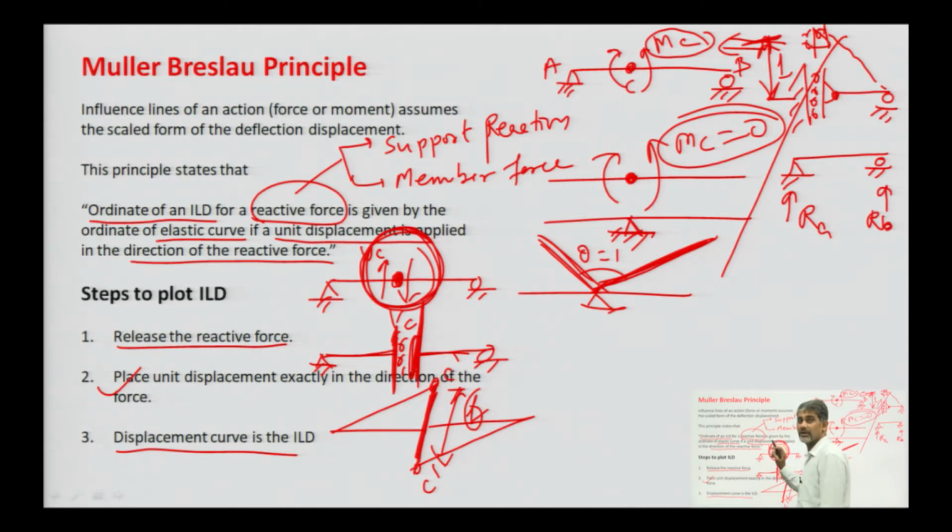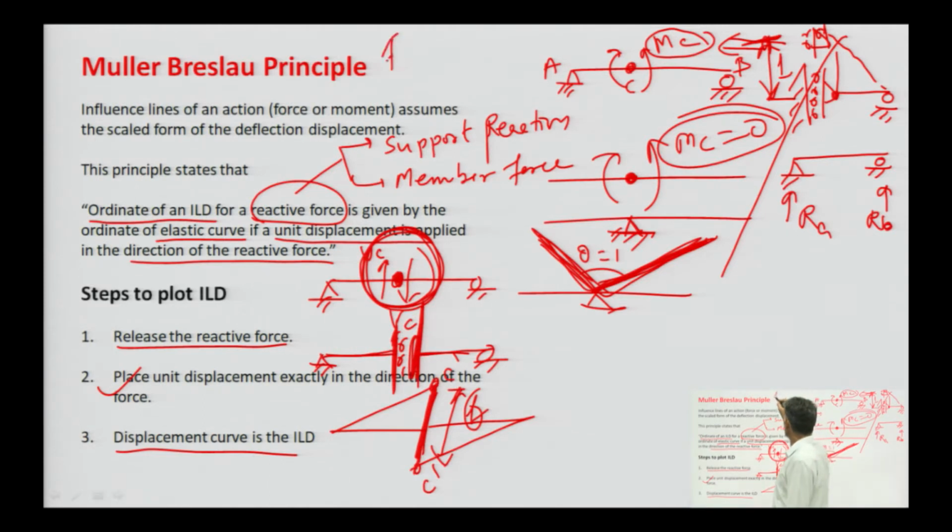And that deflection is always linear. In that case, there is a linear displacement. No curvature will be there. No curvature in the plot is possible for a determinate structure, right.